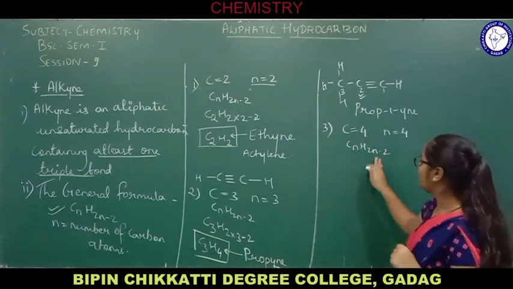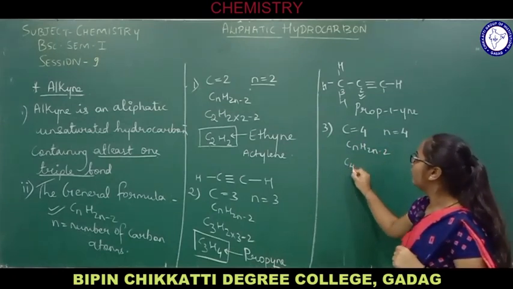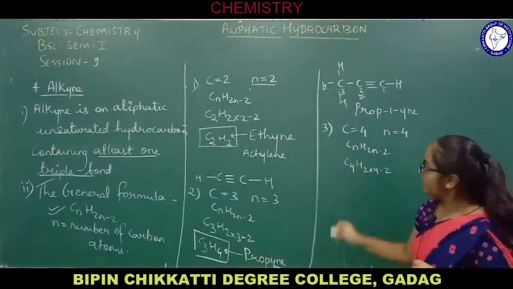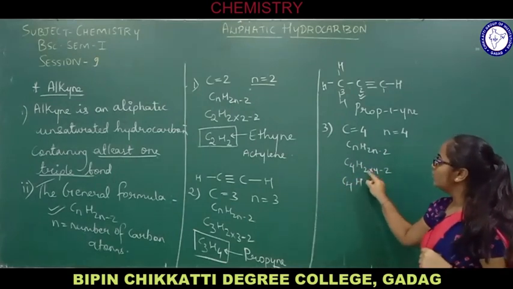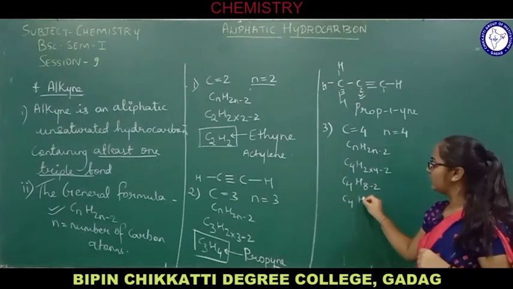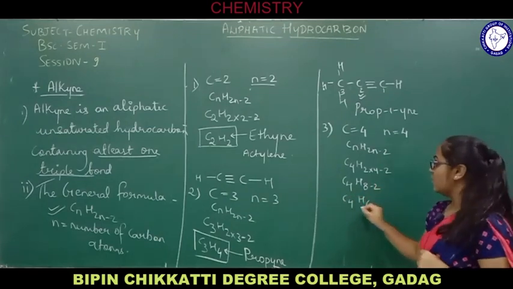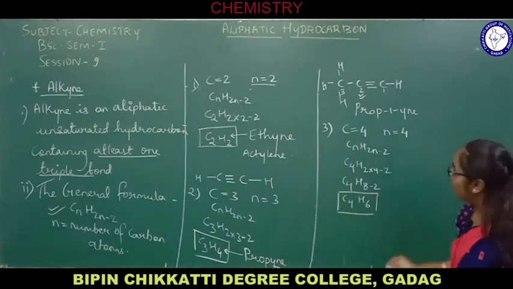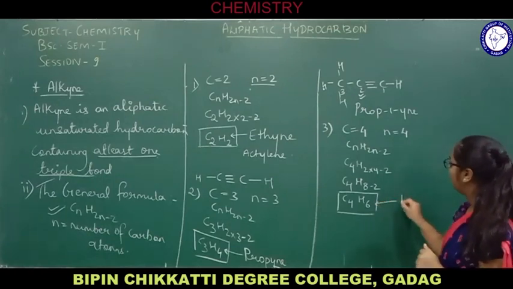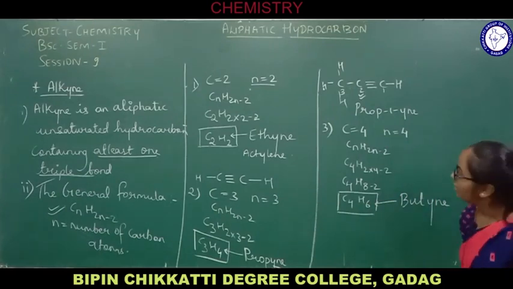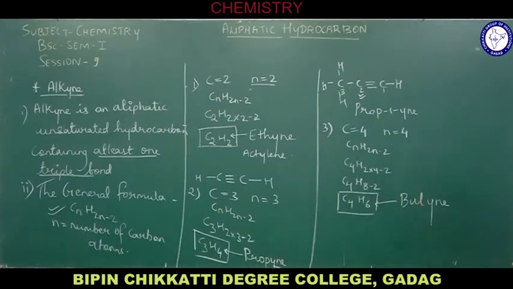So C4H(2 into 4 minus 2). 2 4s are 8, 8 minus 2 is 6. So C4H6 becomes the molecular formula for the third member, whose name is butyne.